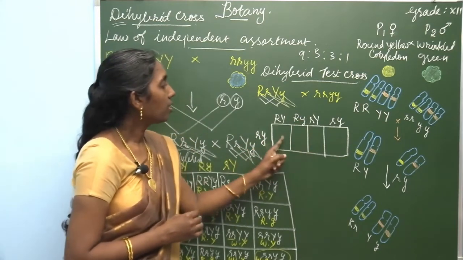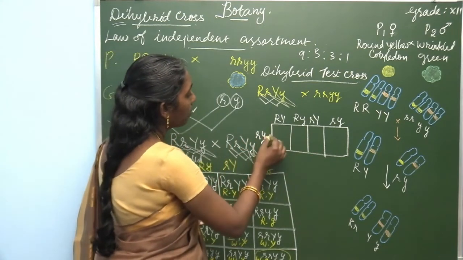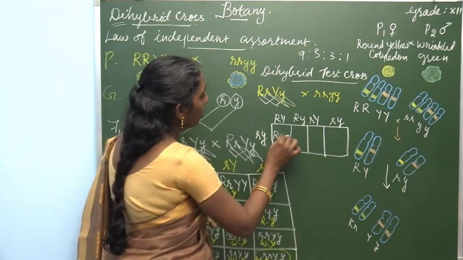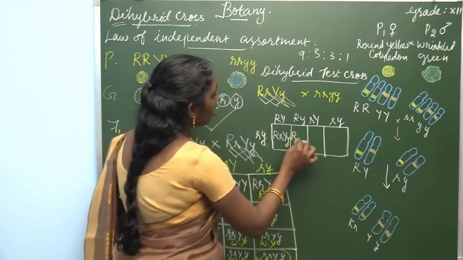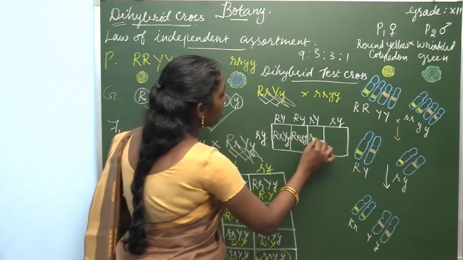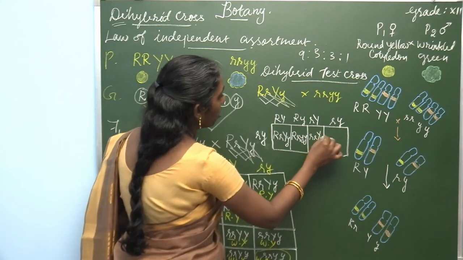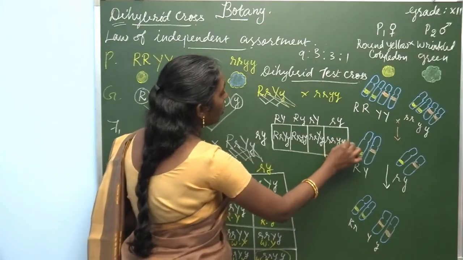Now write it in the form of a checkerboard in this box. Here you will find capital R, small r, capital Y, small y, capital R, small y, small y, small r, capital Y, small y, then small r, small y, small y.